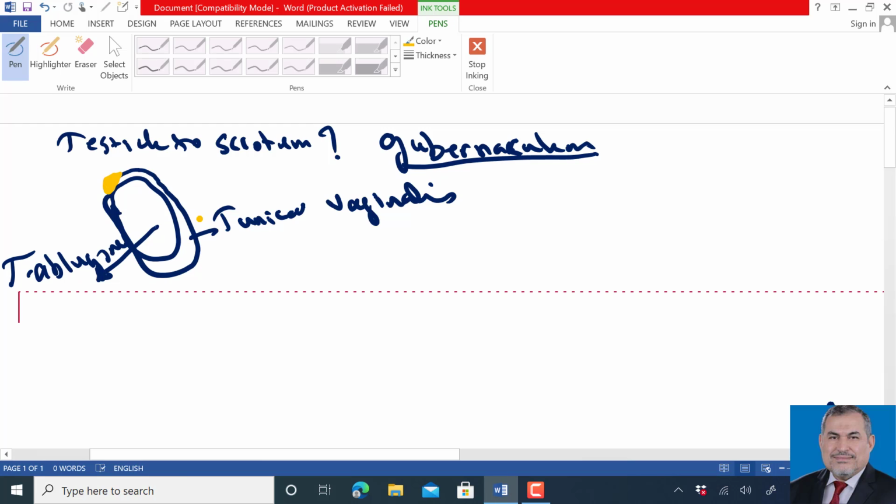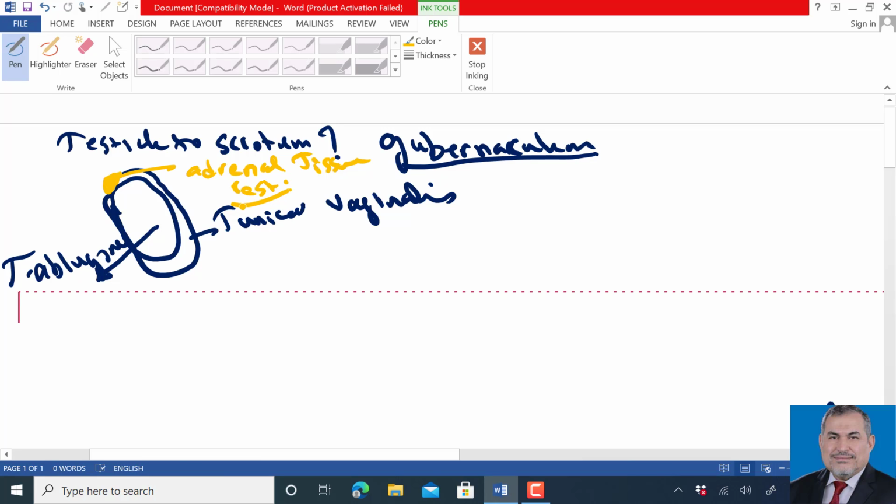It can be remnant of adrenal tissue, what we call adrenal rest, meaning remnants of the adrenal.